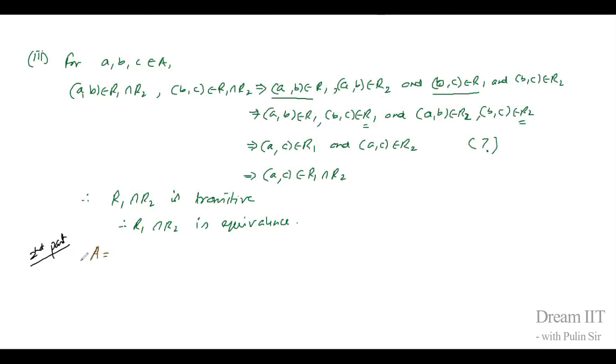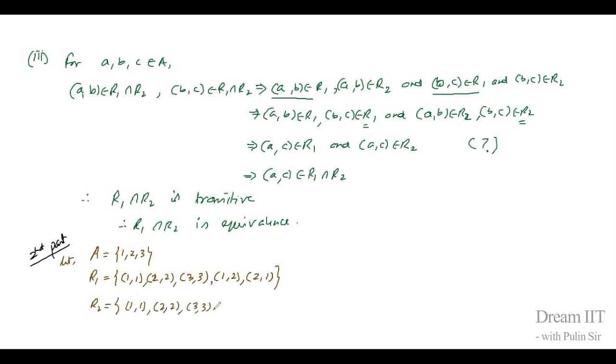So here let us consider one set first: 1 comma 2 comma 3, and two relations. Consider R1. It should be reflexive, meaning 1 comma 1, 2 comma 2, 3 comma 3 should all be there. And then it must be transitive as well. So you will find the transitivity here. Then consider R2.